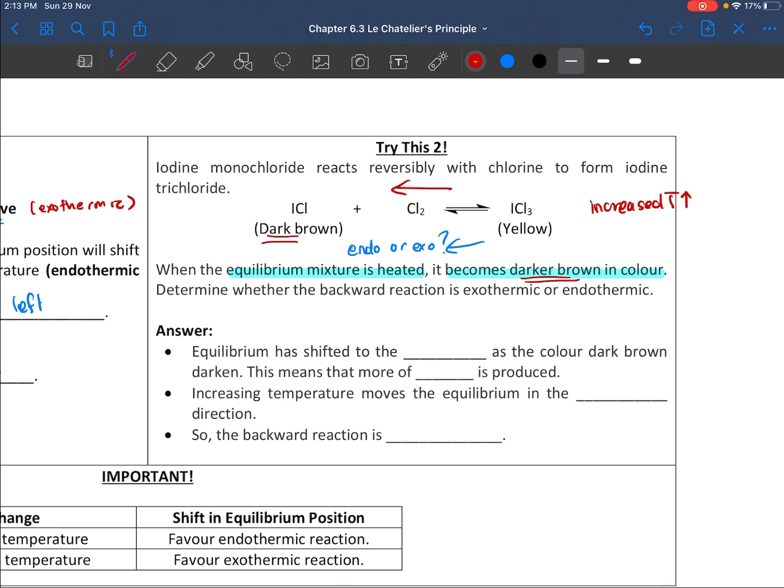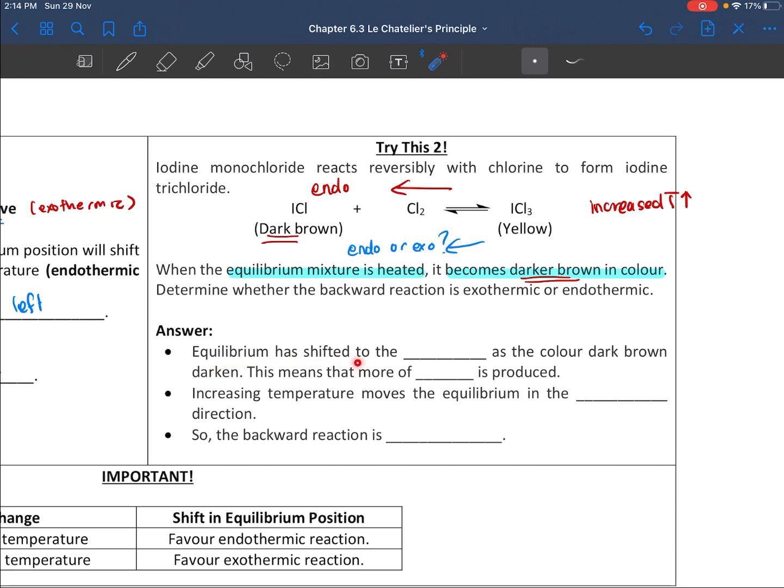Okay, so kita belajar kalau sistem tu dipanaskan, sistem tu akan cuba untuk kurangkan temperature tu so that dia boleh capai equilibrium. So maksudnya sistem tu sekarang dia shift to the left. So maksudnya to the left ni adalah endothermic reaction lah. Okay, so kita dah dapat jawapan. So yang reversible ataupun yang backward ni adalah endothermic reaction.